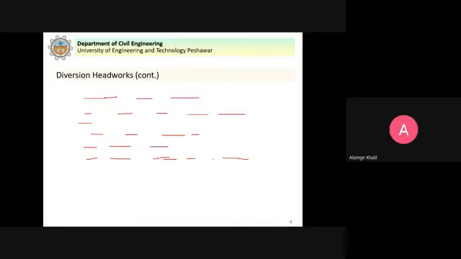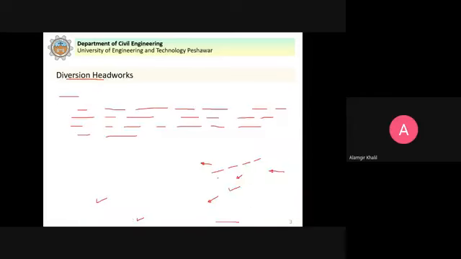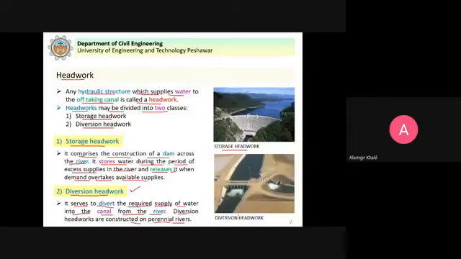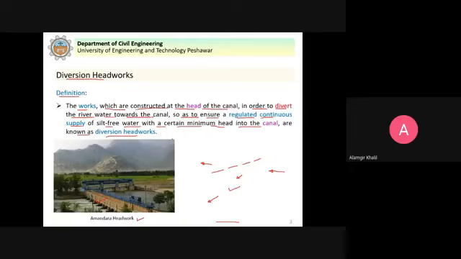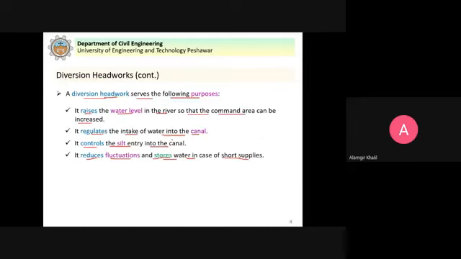Although the storage in diversion headworks is relatively very small as compared to storage headworks, it is still possible that we can store some quantity of water that can be supplied in case of short supplies.